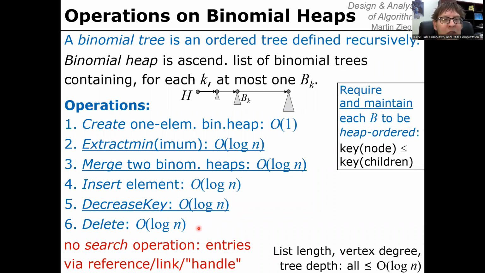Namely, when the user wants us to delete a node, an element, then we first decrease its key value to be something very small, something smaller than all other nodes. There are finitely many nodes, so we can always find a, let's say, integer which is smaller than all the key values in the existing nodes in the binomial heap.